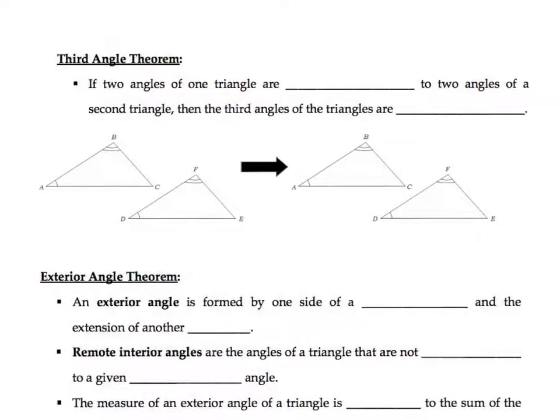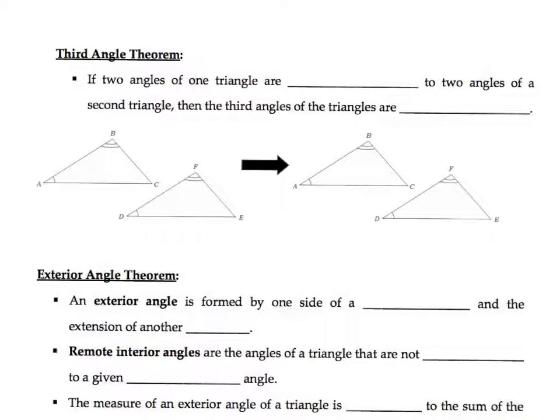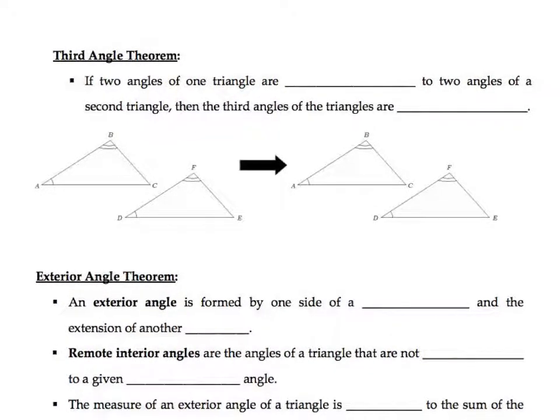We also have something called the third angle theorem. And what that theorem states is that if 2 angles of one triangle are congruent to two angles of a second triangle, then the third angles of the triangles are congruent.